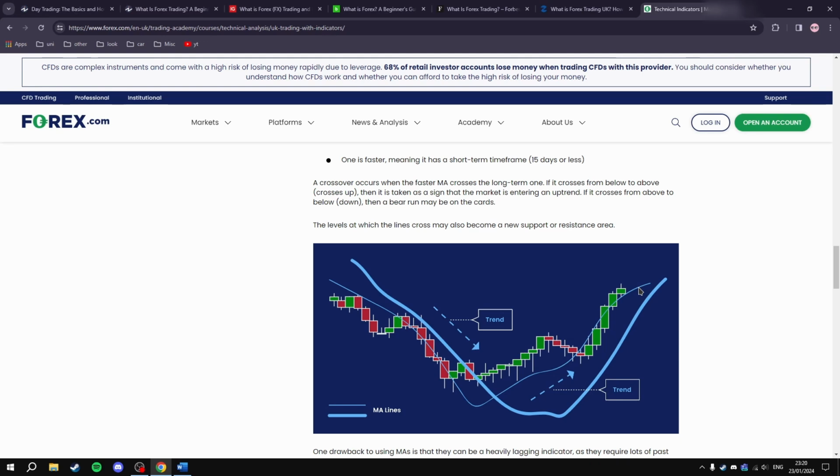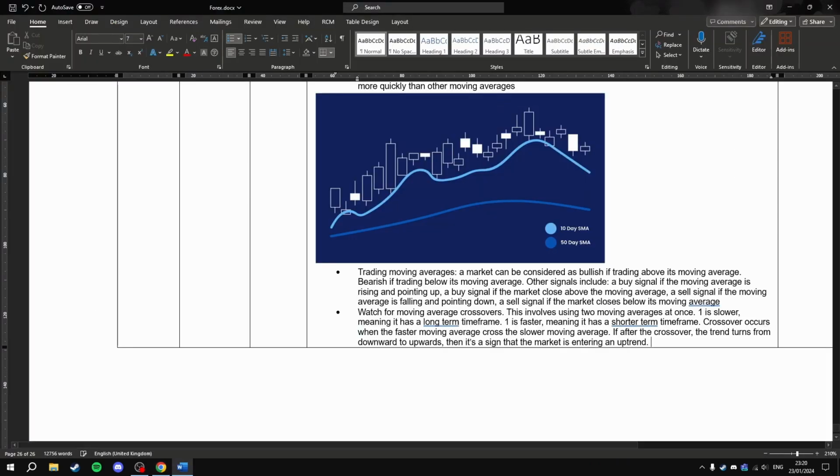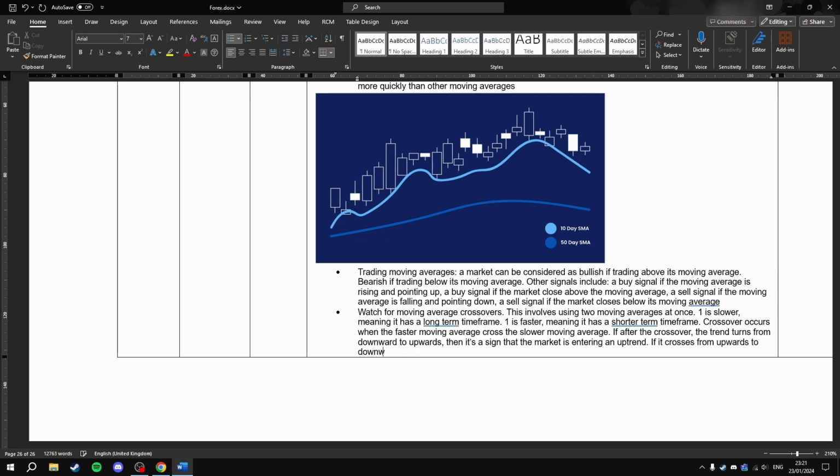If it crosses from above to below, from upwards to downwards, then it's a sign that the market is entering a downtrend.